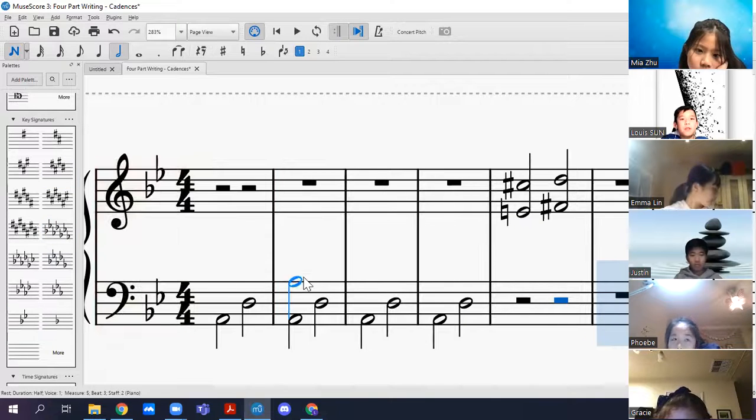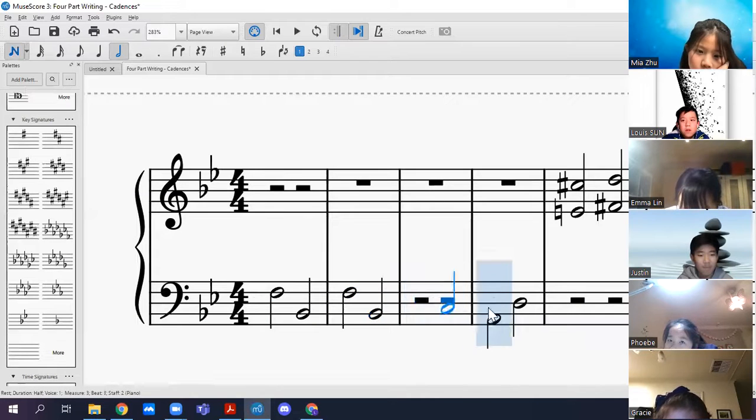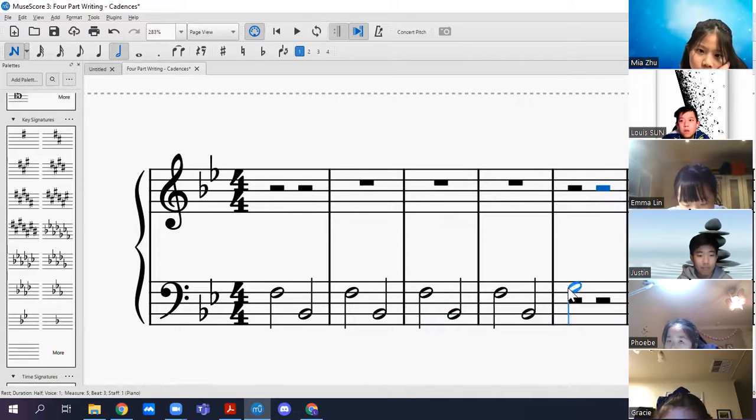B flat major. Okay, let me just flip the stem the right way around.